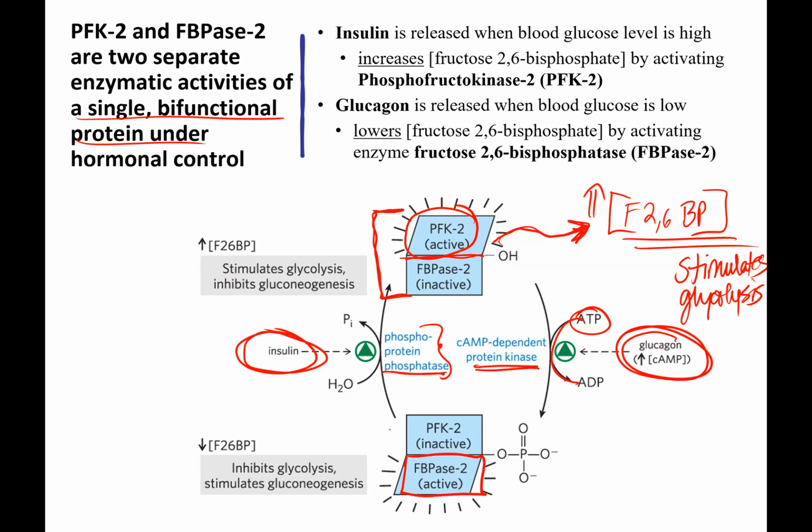So the weird thing here, in a way, is that phosphorylation of one enzyme promotes the dephosphorylating activity of this bifunctional enzyme. So when FBPase2 is active, that lowers the concentration of F26BP. What does that do?